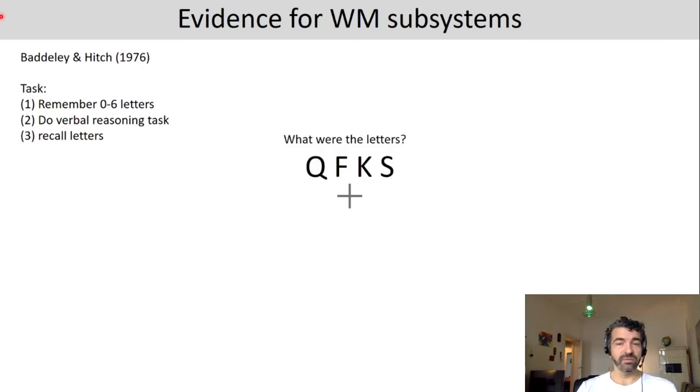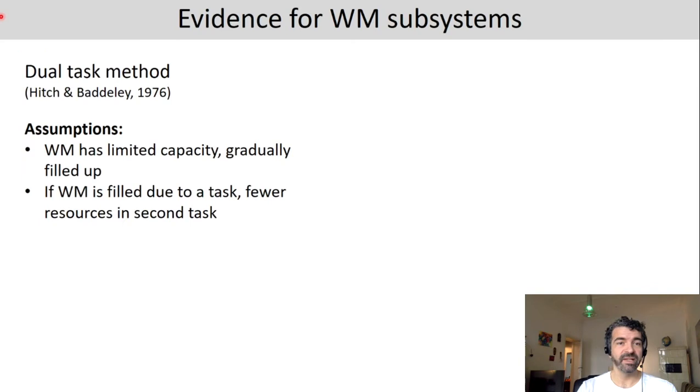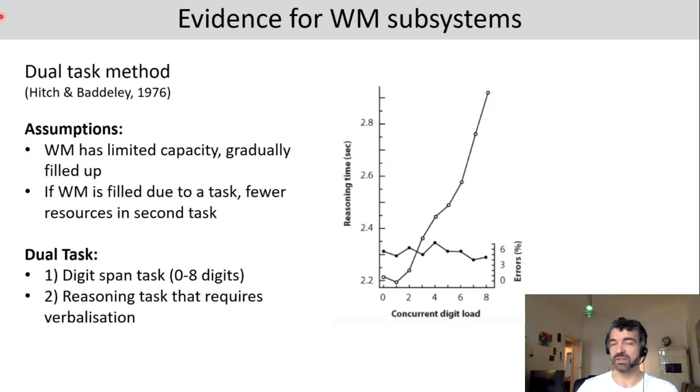Alright, so I don't know if it was much trouble for you doing this task. It's quite challenging sometimes because you need to do two things at the same time. Let's see what the participants did in Baddeley and Hitch's experiment. What you can see here, the filled lines are the errors in reporting the digits or letters.